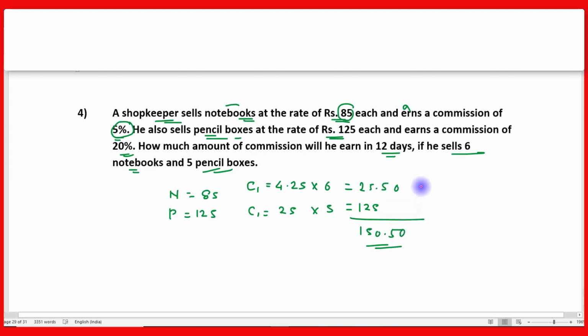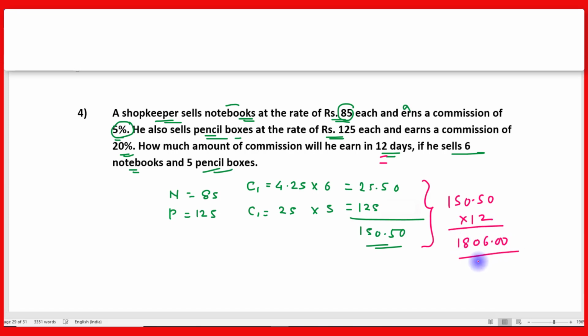So friends, this is the commission for 1 day, but he sells for 12 days, so the total commission will be 150.50 multiplied by 12, and that will be 1806.00. So 1806 rupees will be the total commission.